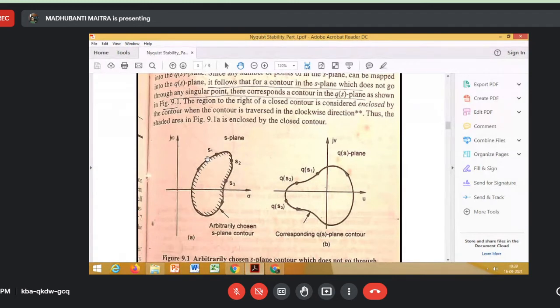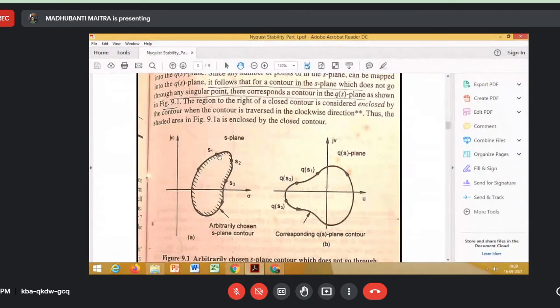Clear. So if we traverse this contour in the clockwise direction, and we identify the region lying to the right of this contour, in this case this is the region, then this region will be said to be enclosed by this contour.